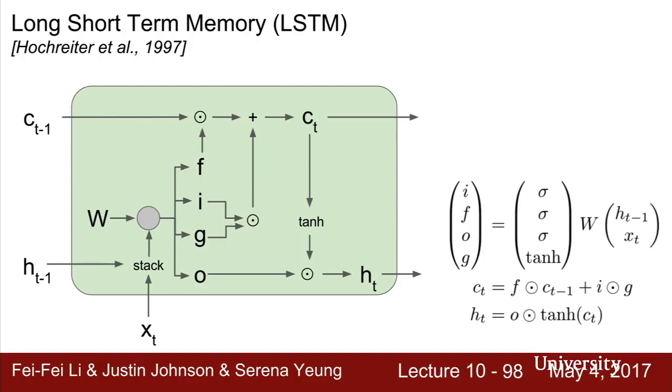Here I've left out the nonlinearities because we saw those on the previous slide. Now the forget gate multiplies element-wise with the cell state. The input gate and gate g are multiplied element-wise and added to the cell state, and that gives us our next cell state. The next cell state gets squashed through a tanh and multiplied element-wise with the output gate to produce our next hidden state.